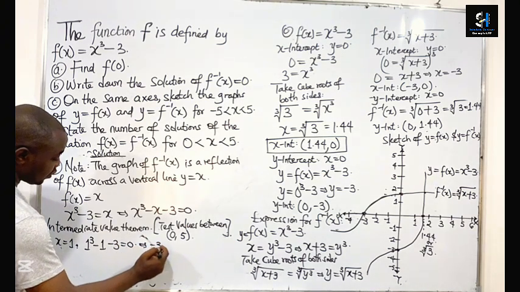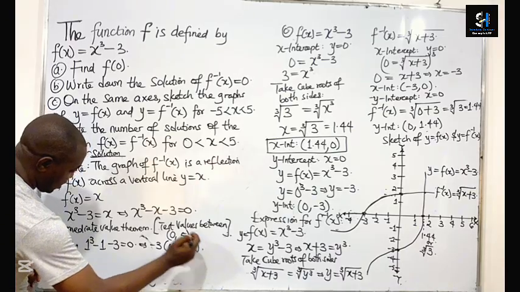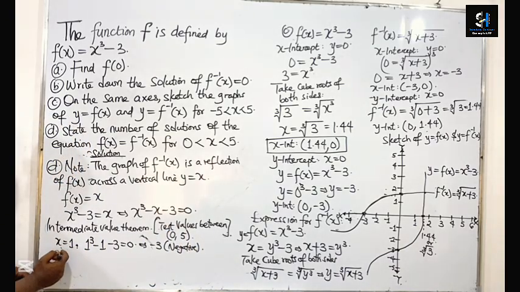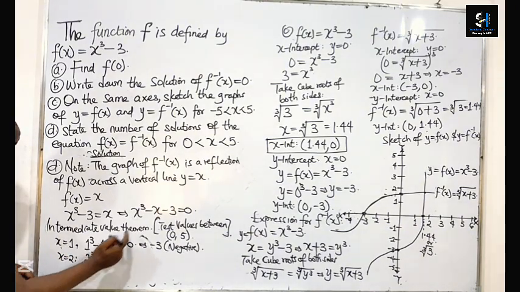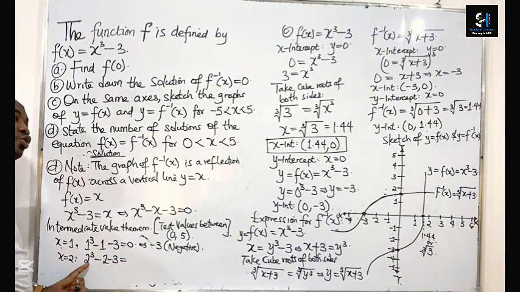Then when x is equal to 2, that will be 2 cubed minus 2 minus 3. 2 cubed is 8, minus 2 is 6. 6 minus 3 will be 3.